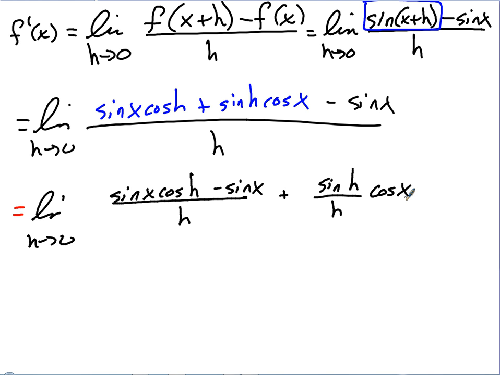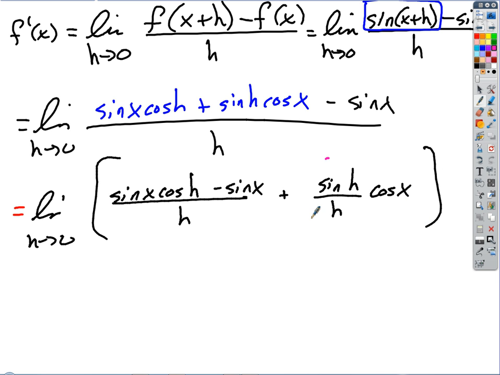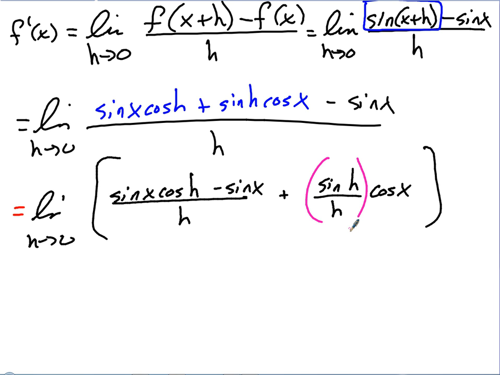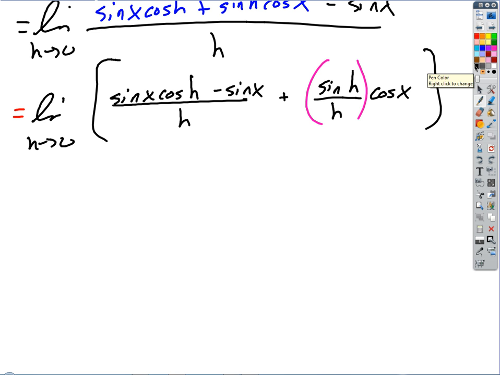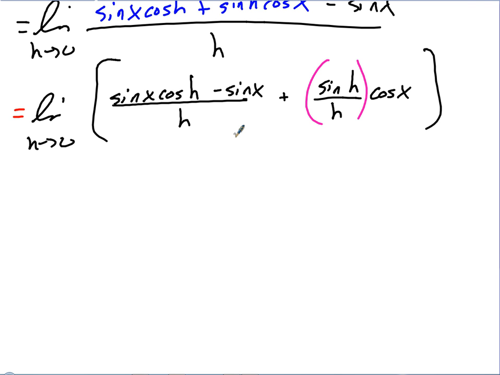All right, so if I take the limit, I can break it up like so, kind of separate that out. In fact, let's go ahead and write this as two separate limits. I want to make that point more explicit. And what can I factor out here, by the way? Sine x. Okay, so I could pull the sine x out of each term, and because the sine x has no h's in it, I could even pull that out in front of the whole limit, because there are no h's being acted on. So it's a constant with respect to the limit. The fact that x is a variable is irrelevant as far as the limit is concerned.